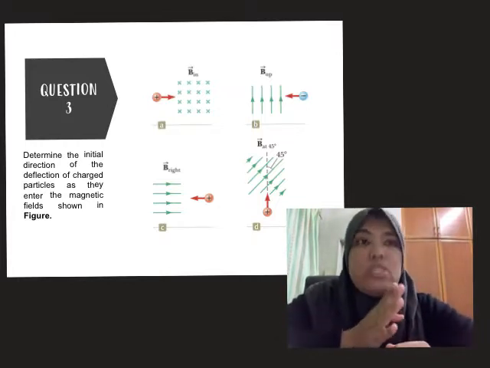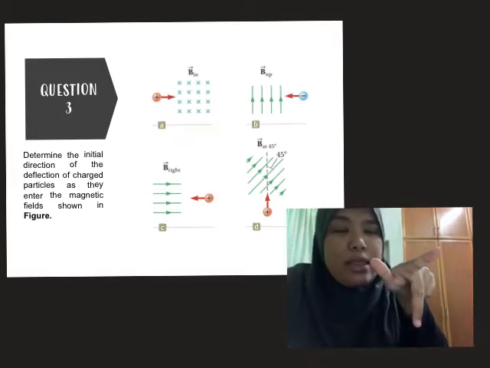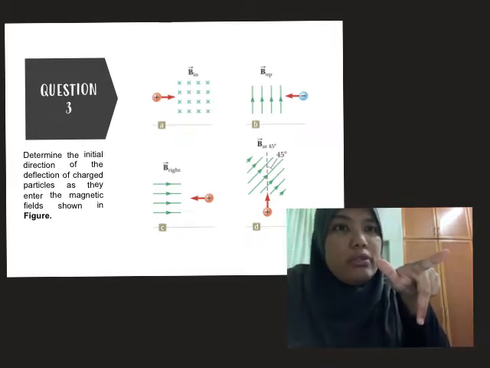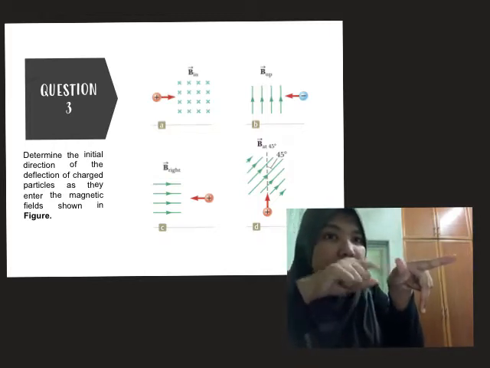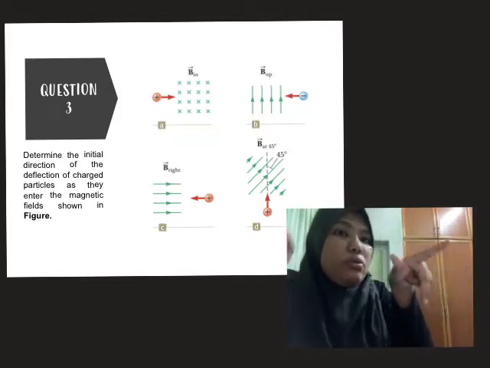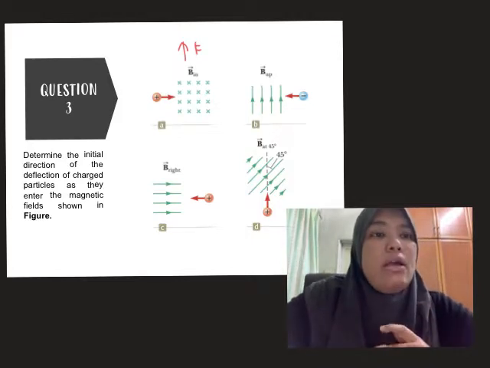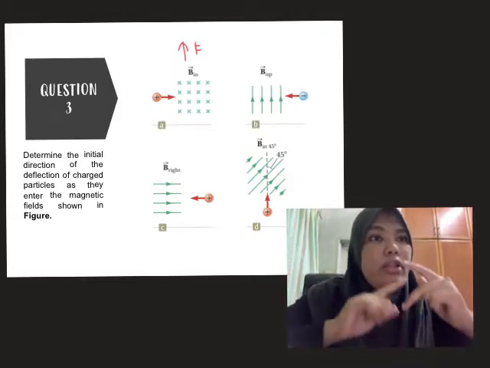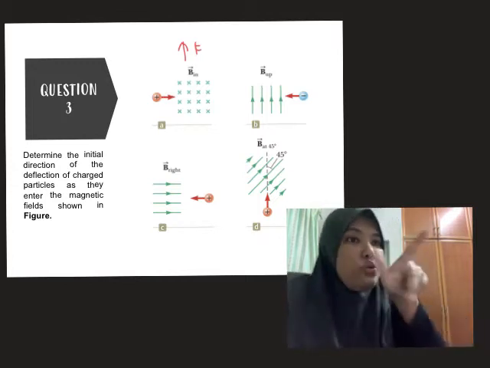We are going to start with question A. There is a positive charge, and the magnetic field is into the page. The velocity is to the right, therefore you can see that the magnetic force is away from you. So the answer is away from you. For question B, there is an electron. The velocity in the diagram is to the left, so you need to change that to the right.